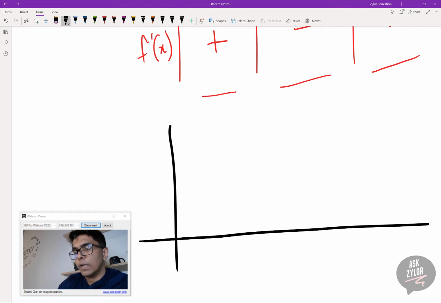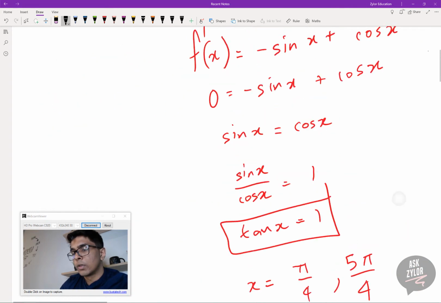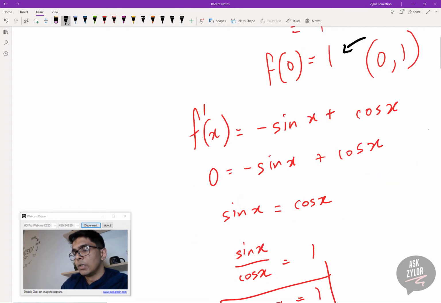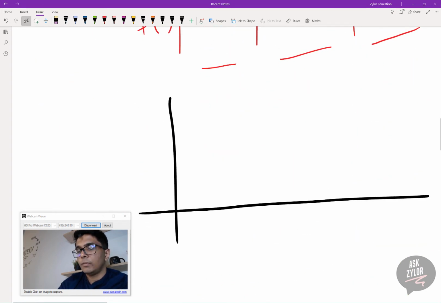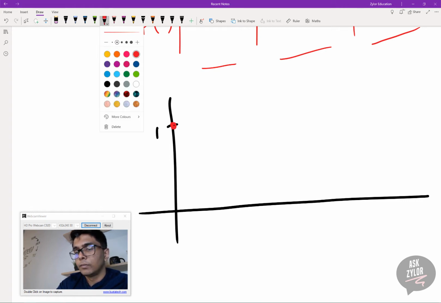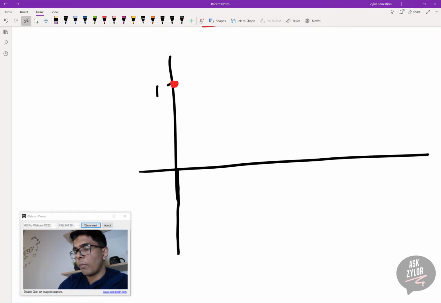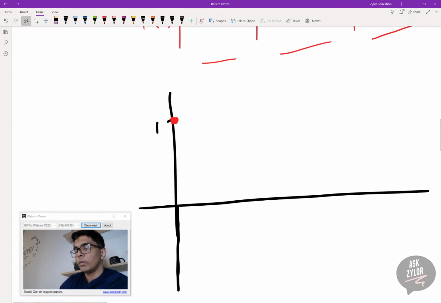So I know my y-intercept, again, if we scroll back up, that's what I found first, which was just 1. So I'm going to plot that point. So if this is 1, I have a y-intercept over there. It's going to extend this graph a little bit. Right.